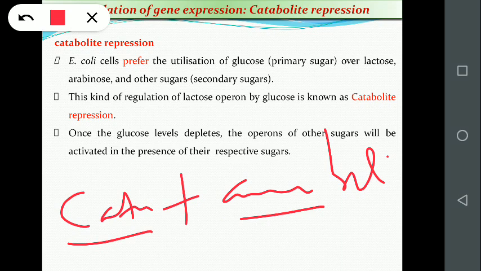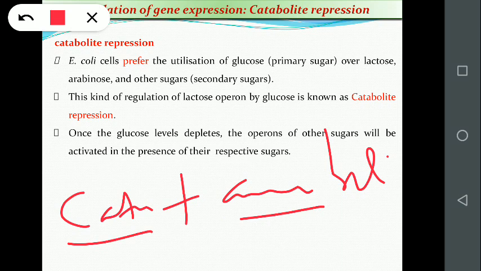So different kinds of catabolites or sugars can be used as a source of energy for the E. coli cells. That is what a catabolite is.